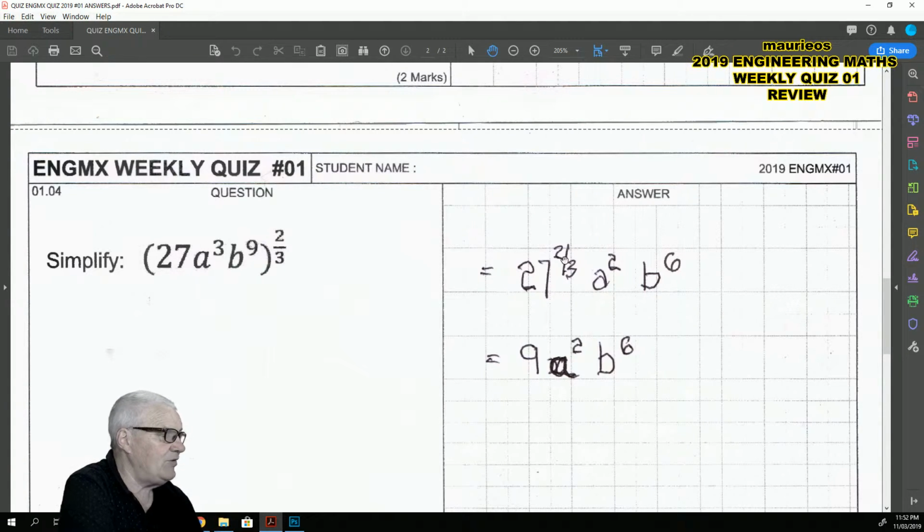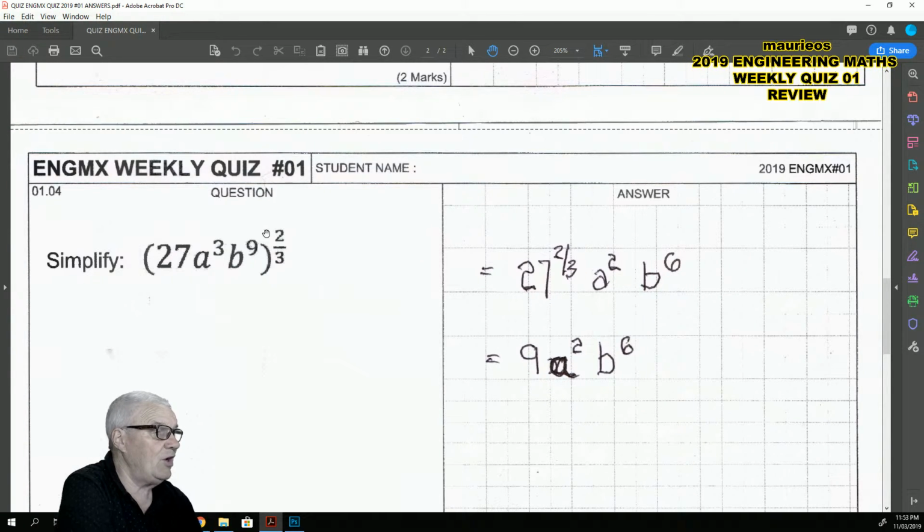So 27 to the power of 2/3, or you could treat that as 27 to the power of 1, and then take 2/3 of 1 as 2/3. And then we multiply 3 by 2/3, and the answer is 2. 3 times 2/3 is 2, so it's a to the power of 2. And 9 times 2/3 is 6.